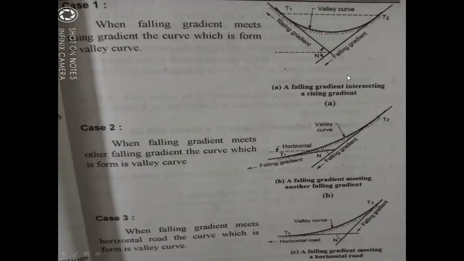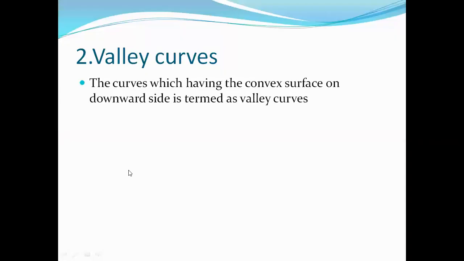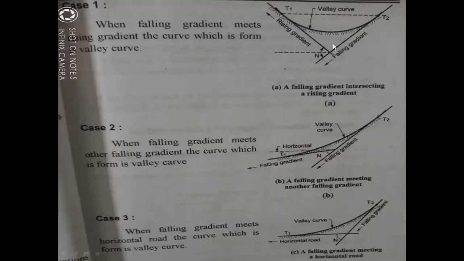In the first diagram, one is a falling gradient, the second is a rising gradient, and they intersect at angle n with the tangents T1 and T2, and the curve formed is the valley curve, that is, the convex surface is at the downward side. Then case 2 is when a falling gradient meets another falling gradient; the curve formed is a valley curve.